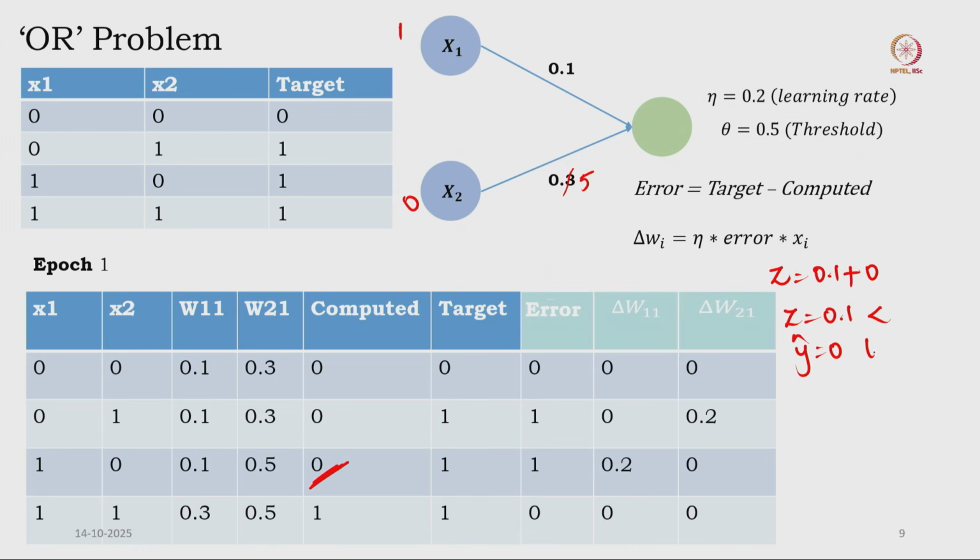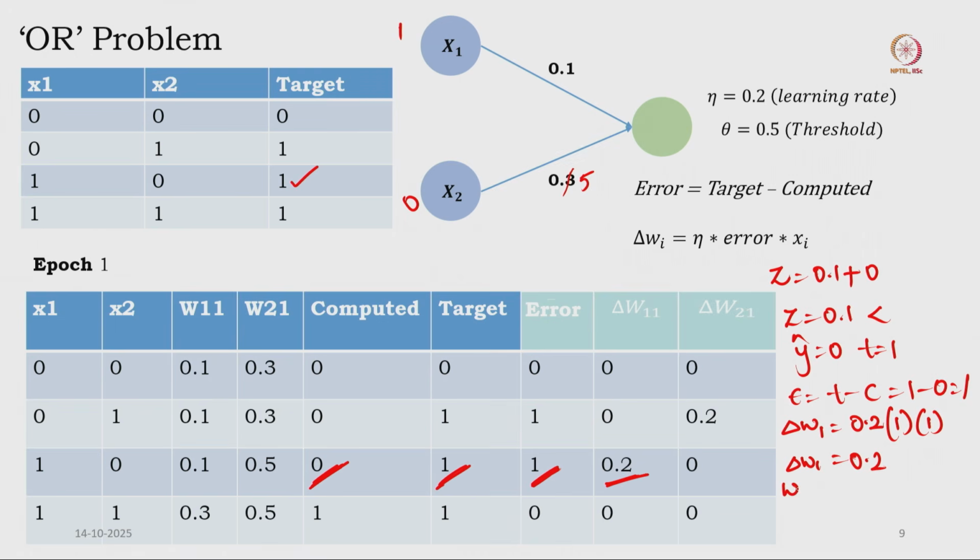And what is the target for this input? The target for this input is 1. So, what is the error? Target minus computed, which is 1 minus 0, which is 1. Now, we have to calculate delta W1. What is the learning rate? 0.2. What is the error? 1. And what is the input? Input is 1. So, delta W1 is 0.2.